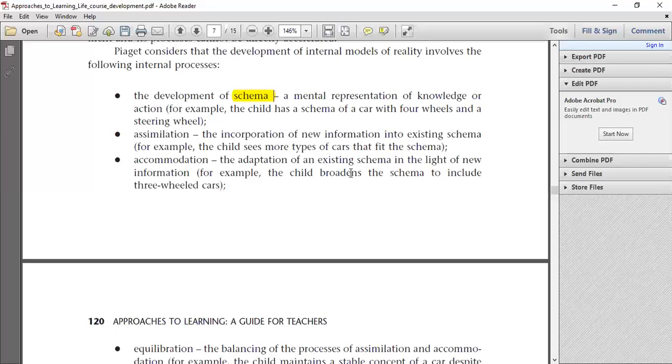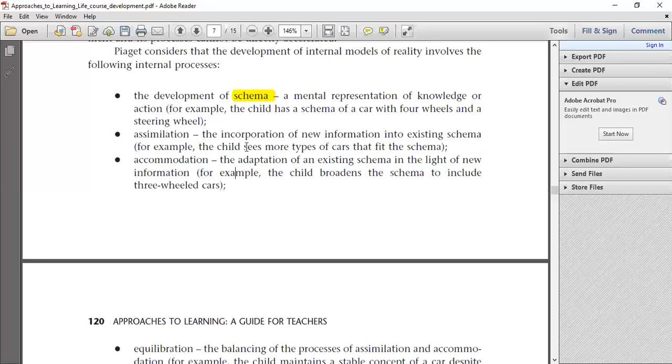And I have seen another kind of table with 4 legs, but this time I saw just 1 leg, or 2 legs, or 3 legs. All this information will be added to the already created table schema, and we call that accommodation. I am fixing, putting new information into the already created schema.